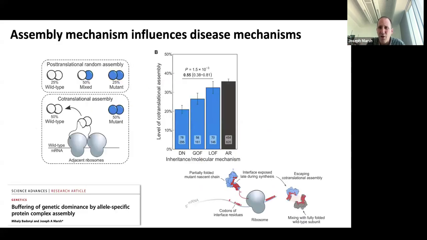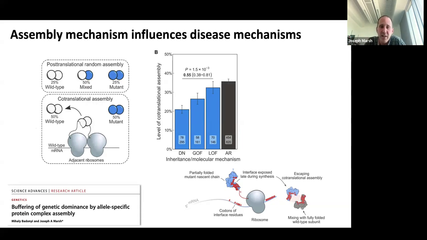We also looked at how the assembly of proteins into complexes influences their disease mechanisms. I'm just rushing through this, but we had a whole paper looking at how the way that a protein assembles is likely to influence whether or not it will be associated with these dominant negative effects.